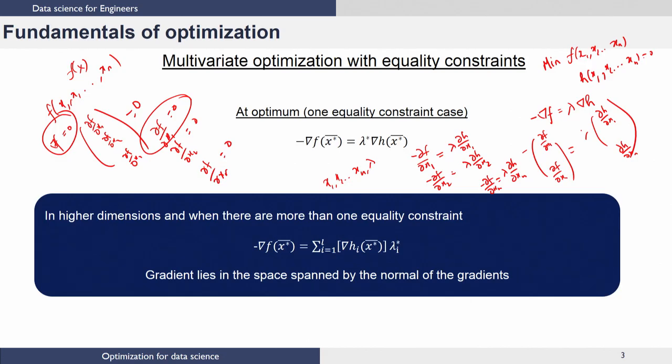So, my equations are in n plus 1 variables. I have only n equations at this point, but notice that I have one more equation that I need to use, and that equation is the following.